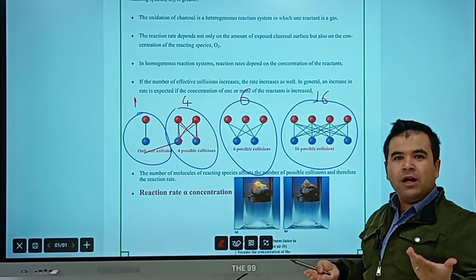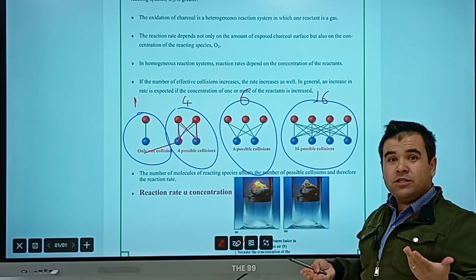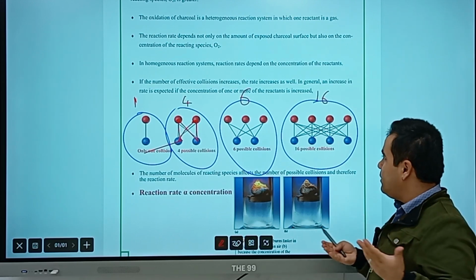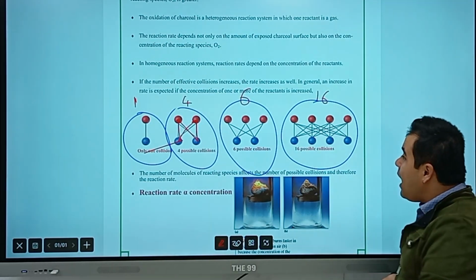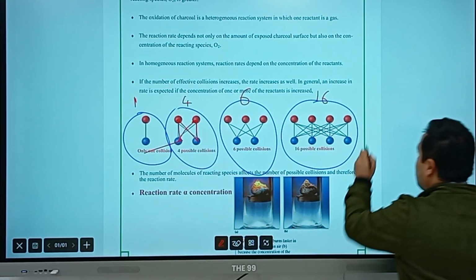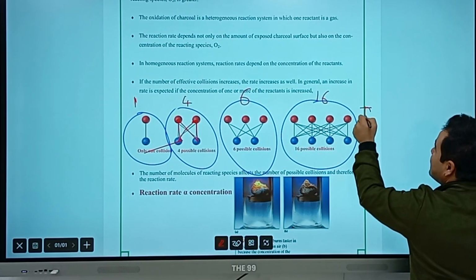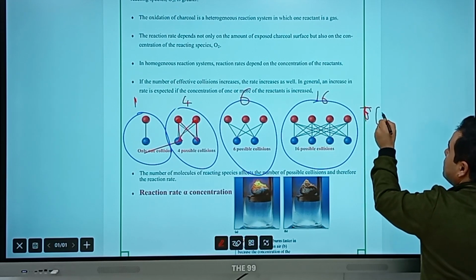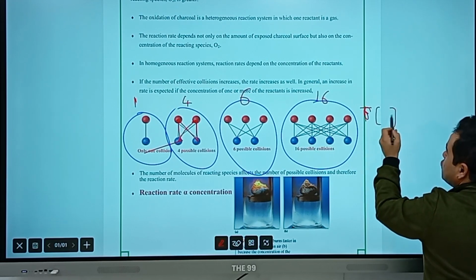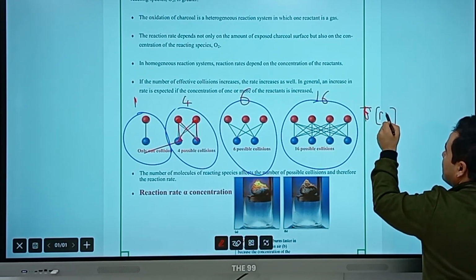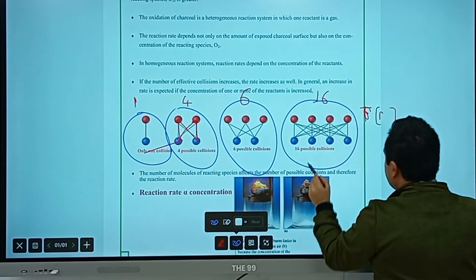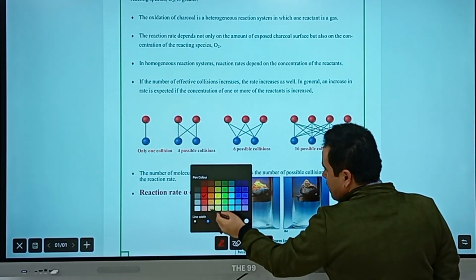The collision becomes much more frequent, and so we can say that as the concentration of reactant, let me write it.